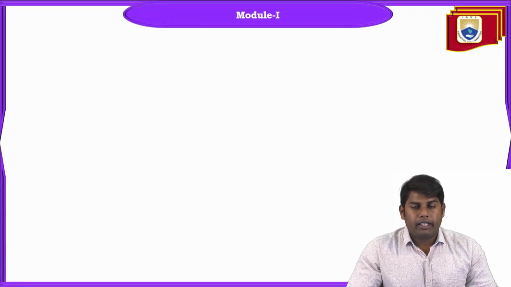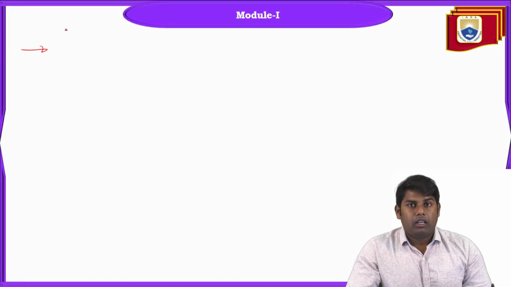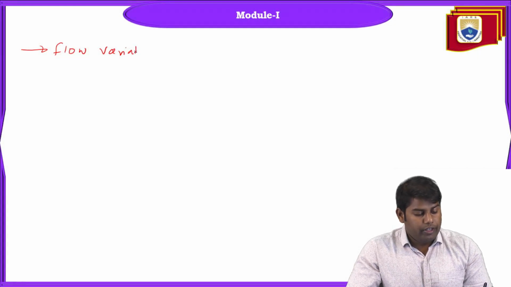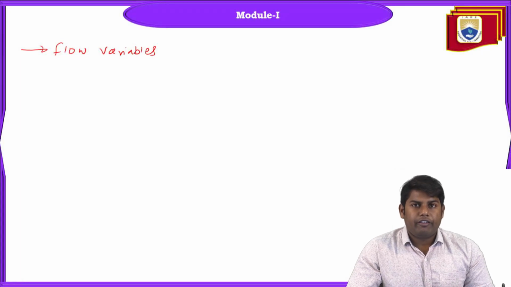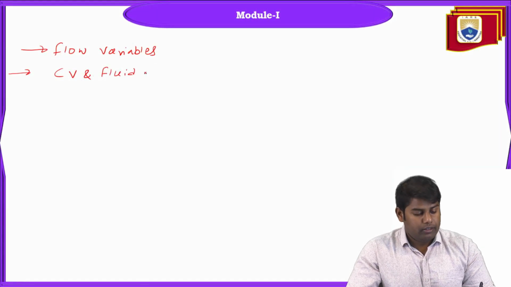So here in module 1, we have the major topics. First, defining the flow variables. Then we have to define different types of control volumes, and the fluid element approach.